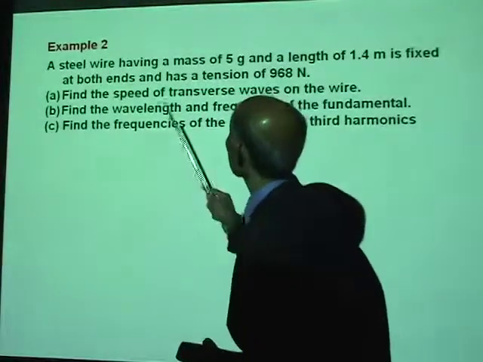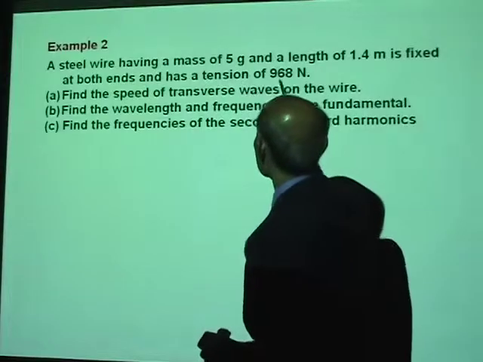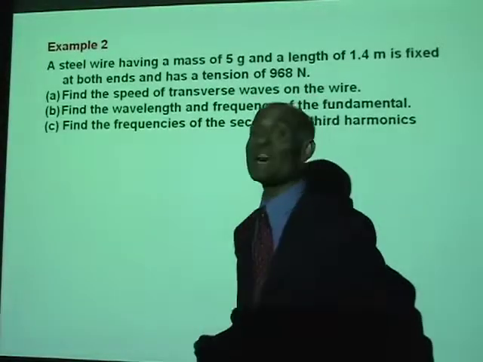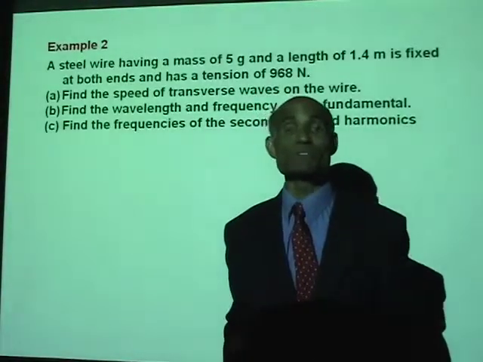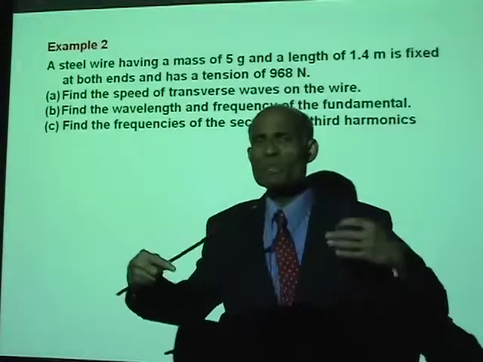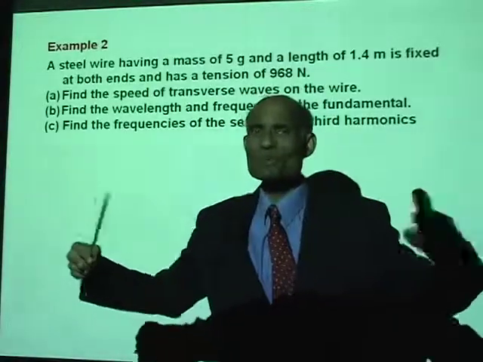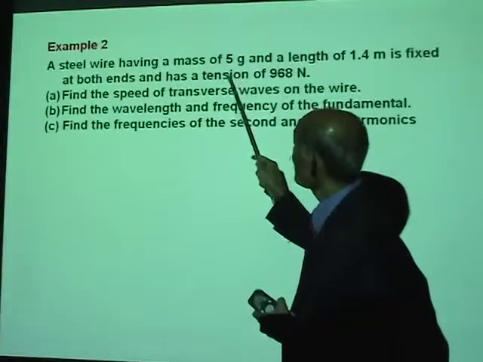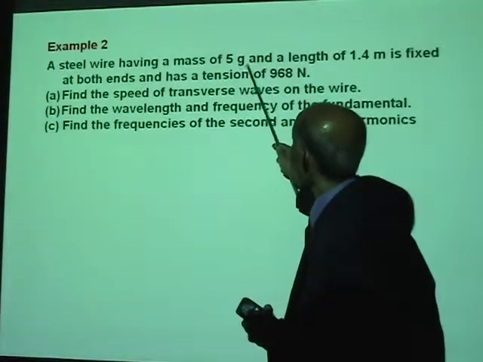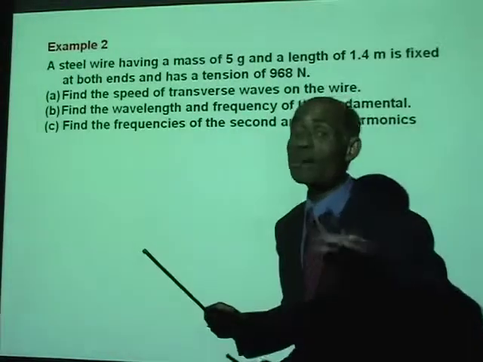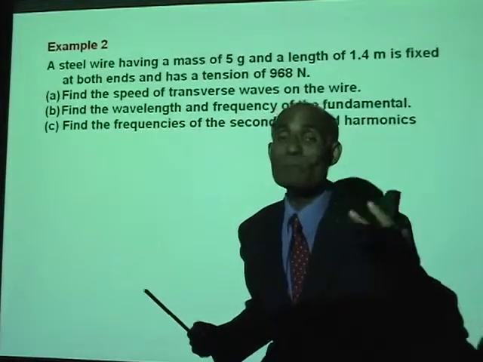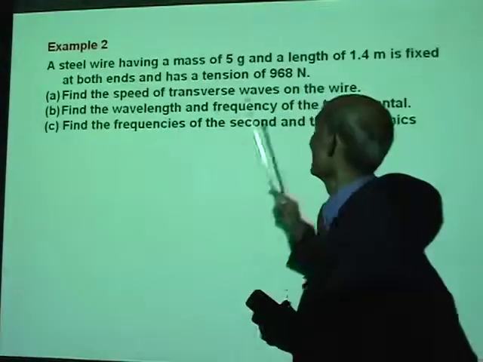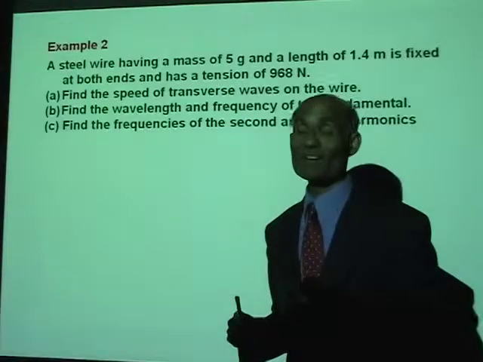Very well. It's fixed at both ends and has a tension of 968 Newton. See, when you read a problem, you need to construct a mental picture. The information I gave you, the mass and the length, will help you find mu, the mass per unit length. Then I give you the tension.